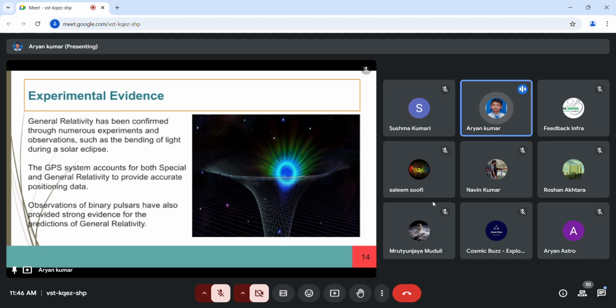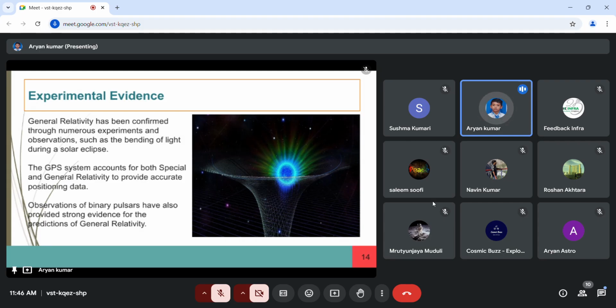So, moving to the next topic, experimental evidence. General relativity has been confirmed through numerous experiments and observations, such as the bending of light during a solar eclipse. The GPS system accounts for both special relativity and general relativity to provide accurate positioning data.